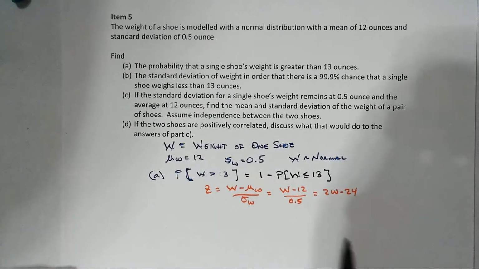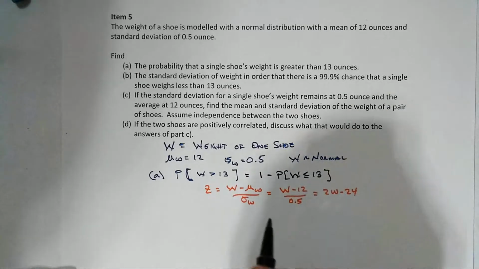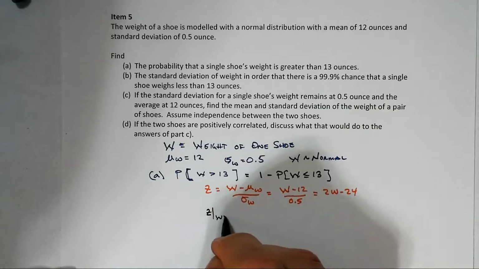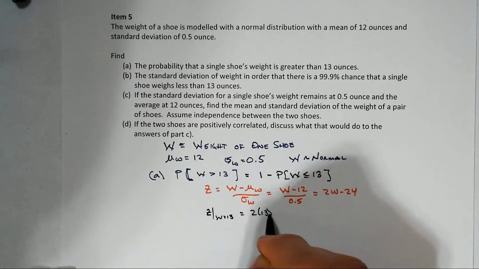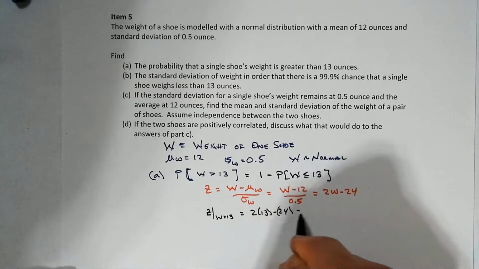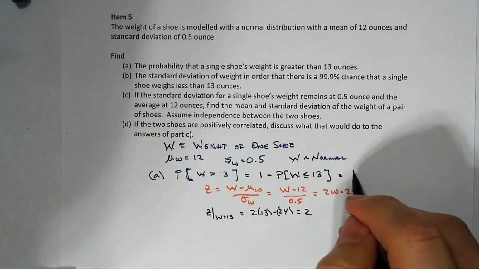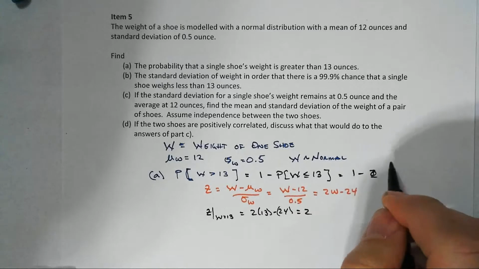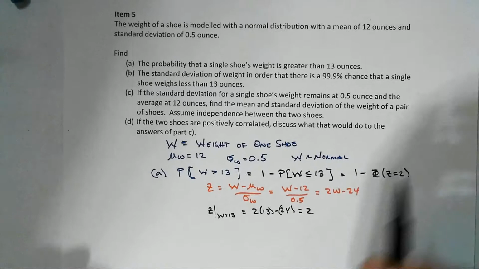And so if we are then looking at the probability of w being less than or equal to 13, that is the same thing as z evaluated at w equal to 13, of then 2 times 13 minus 24, or 2 for z. That's key, because what that just told us is that the probability that we want is 1 minus the cumulative normal distribution evaluated at z equal to 2.